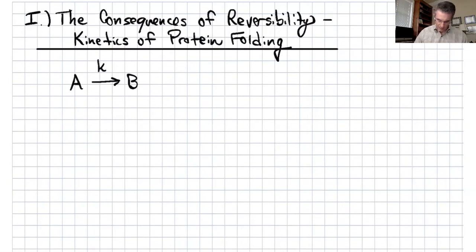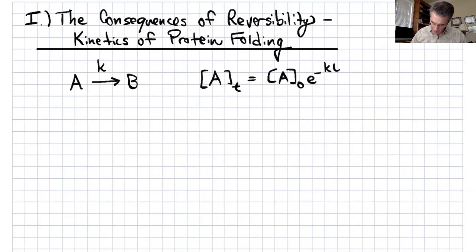And I showed you that the temporal behavior with which A turns into B, or A disappears and B appears, is readily described by this relatively straightforward rate law that describes a unimolecular process like this, in which the concentration of A as a function of time is simply equal to the amount of A we start with times an exponential function of time, where the rate constant k multiplies our independent variable, time, right?